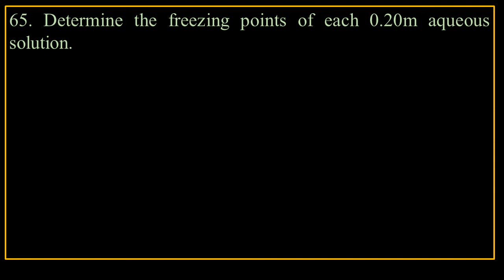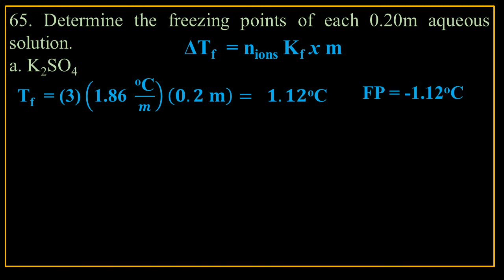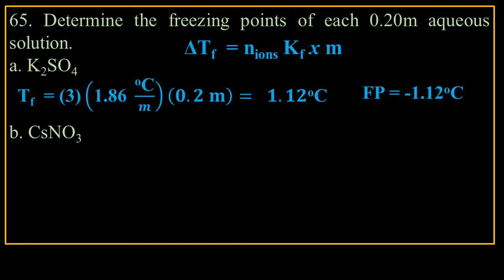Determine the freezing points of each 0.2 molal aqueous solution. So there is the equation. Don't forget the number of ions that the salt dissociates into. Potassium sulfate will go into 3. So it'll be 3 times 1.86 times 0.2 is 1.12. So that'll be negative 1.12. The next salt is going to be cesium nitrate.